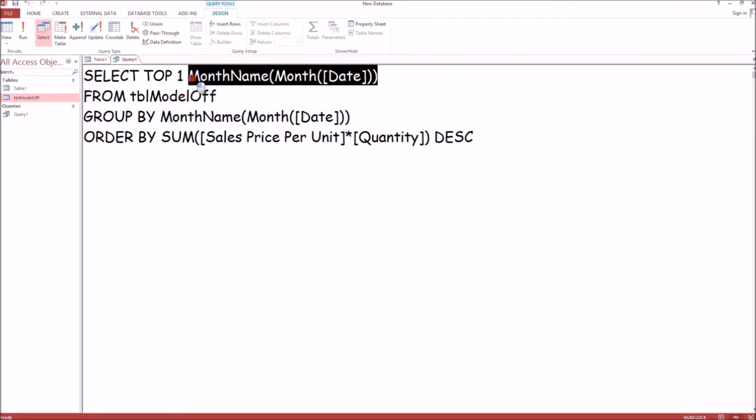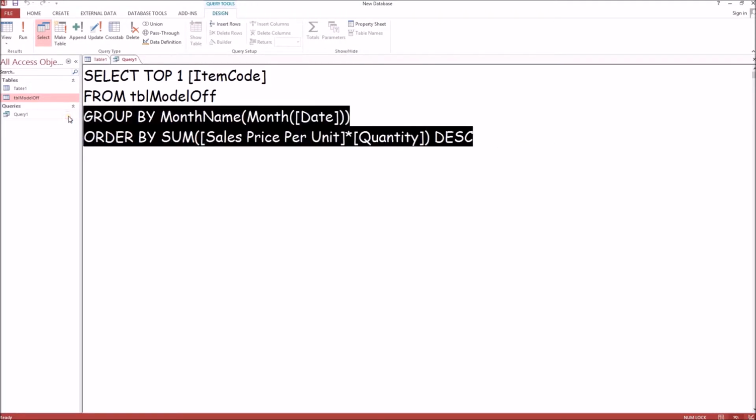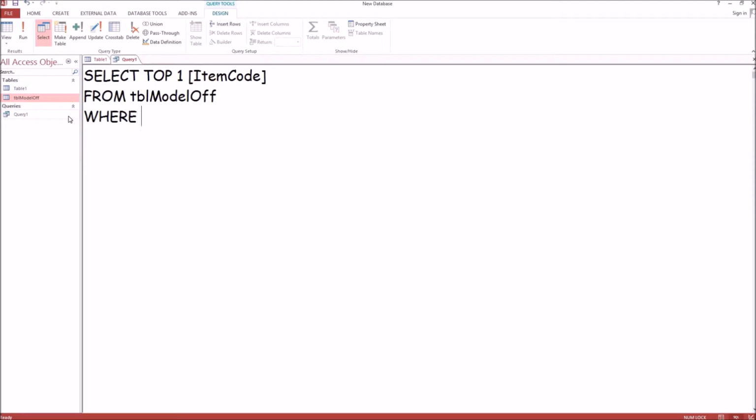So we need to select only one item, so top one item code from our table where postal code is in, that's a new keyword that we're learning, following postal codes 3013, 3017, and 3031.